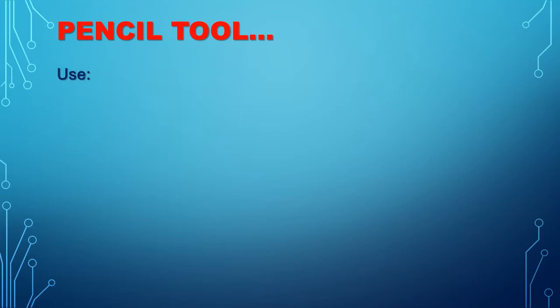What are the uses of the pencil tool? To draw both straight lines and curved lines, we are using the pencil tool. Generally, we use a pencil to draw any picture or write something on paper, right? In computer, we are using the pencil tool to draw both straight lines and curved lines.